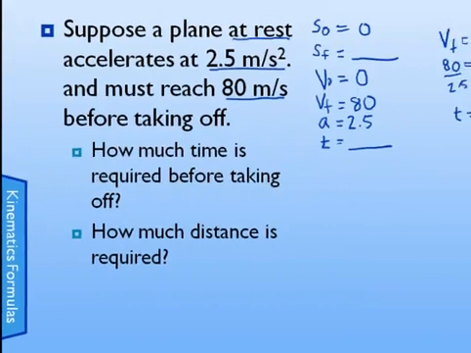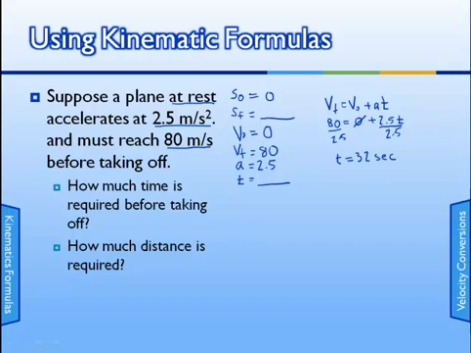To find the final position then, let's begin by writing the formula. Final position is initial position plus v naught t plus 1/2 at squared. And then we fill in some details. SF is our variable, but S naught is 0, which means this particular term can be neglected. 0 plus anything is just going to be anything.